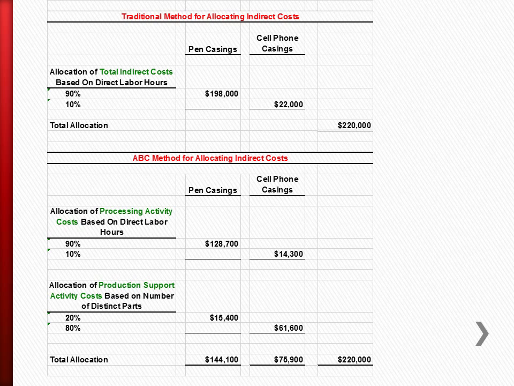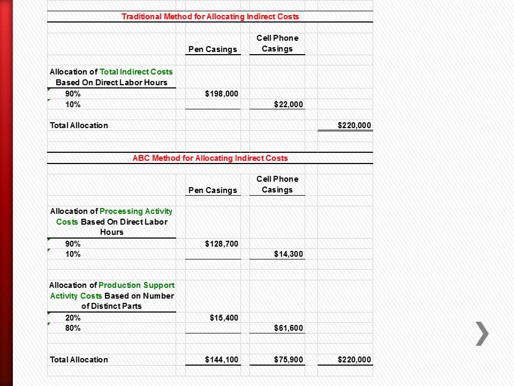What is new is at the bottom of the slide, the allocation of production support activity cost. This allocation, taken right from your book, is based on number of distinct parts. Essentially, pen casings had 5 unique parts. Cell phone casings had 20 unique parts. A total of 25 unique parts. Okay, given that pen casings had only 5 of the 25, that's 20%.